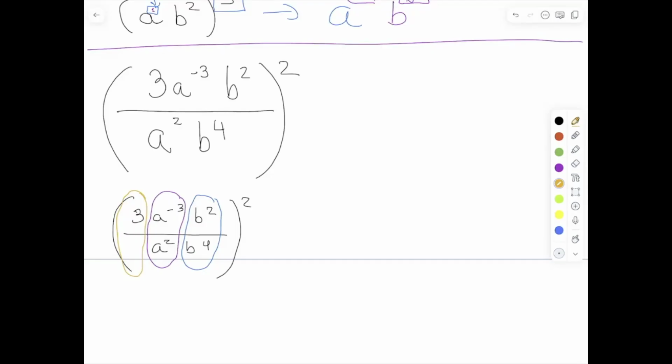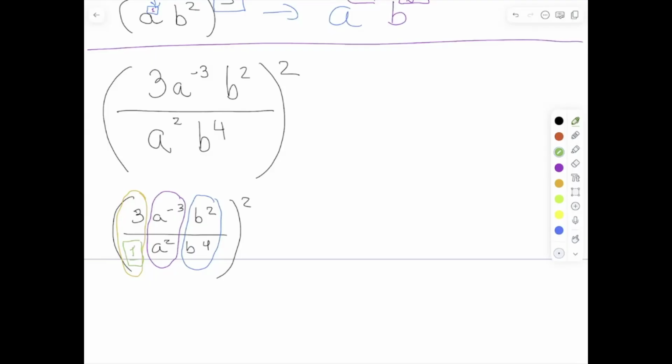And 3 is a constant, so you want to keep 3 by itself. What is underneath that 3? 1. Yeah. So this is something you've got to keep in mind.